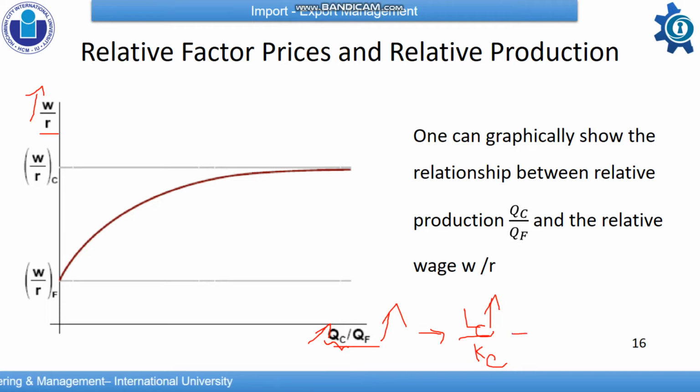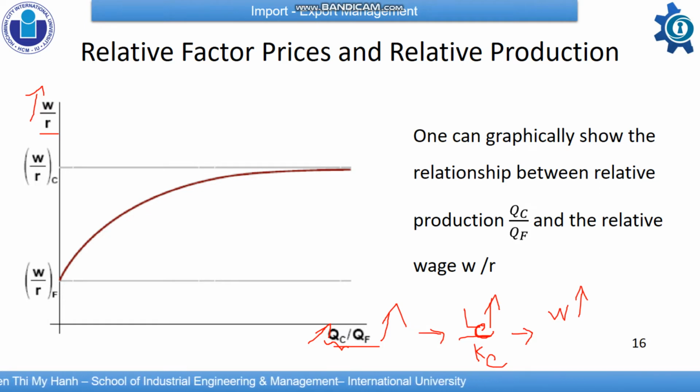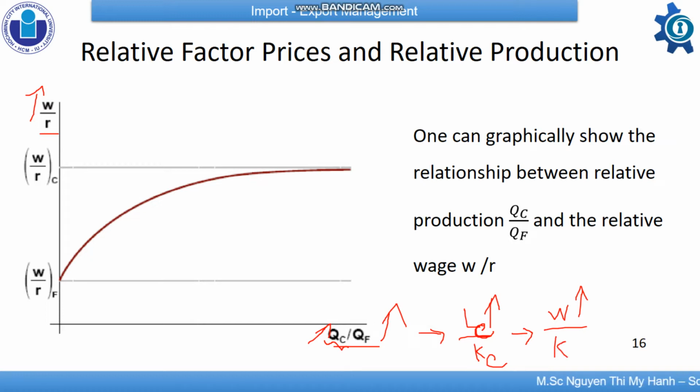That's why when the demand for the labor in cloth production sector increases, the wage rate for the labor will increase. So the relative price of the labor to the capital increases.